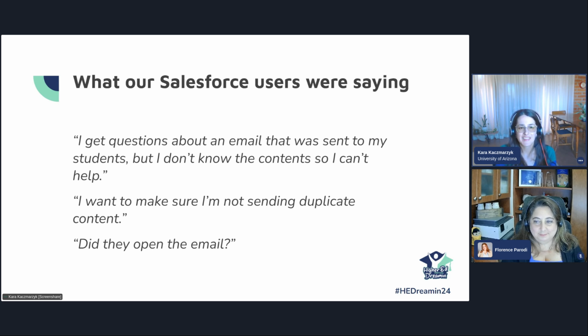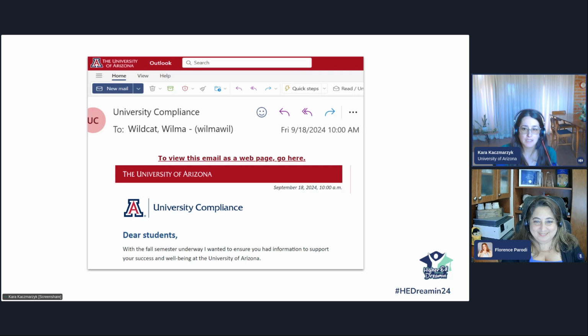So let's take a look at what we mean. Students are being sent important emails. So here's just an example of an email. This is sent from Marketing Cloud to our student, Wilma Wildcat, with information about university compliance. So obviously that seems pretty important.